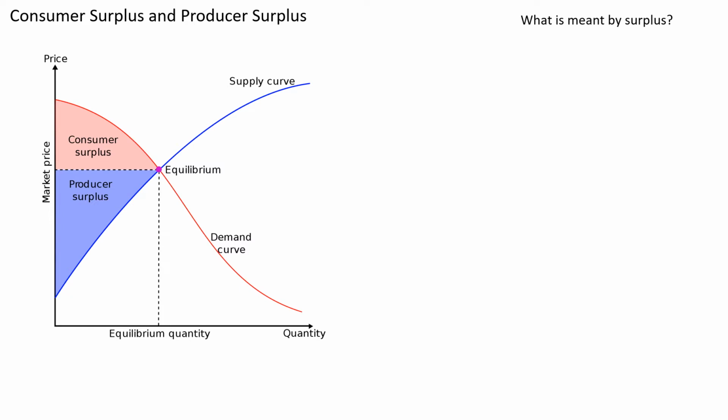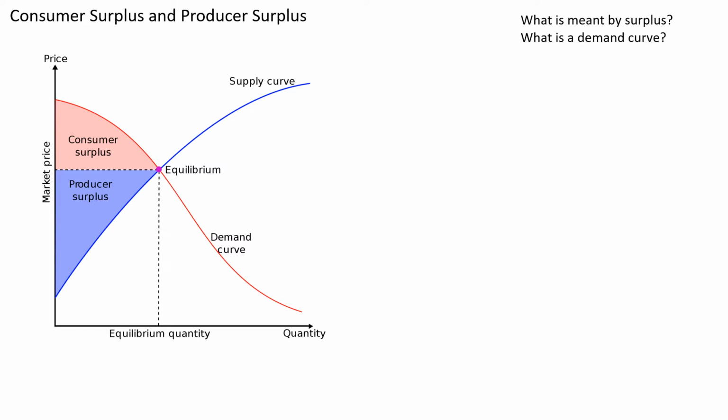So when we talk about consumer surplus and producer surplus, the answers are going to be in dollars. We're talking about extra money that the consumers have or extra money that the producers have for a particular situation. So surplus is money, just to start with that.